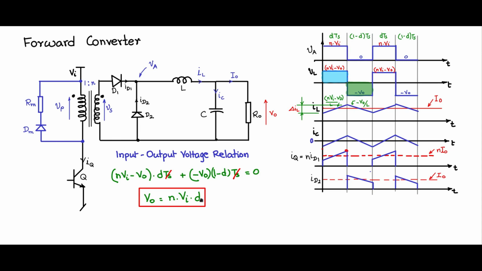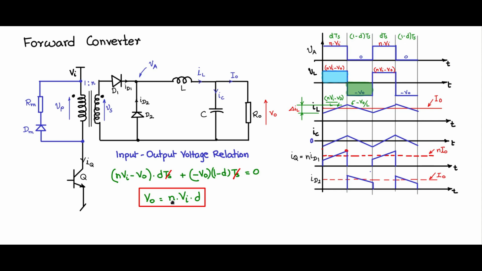So normally we keep the duty cycle at 50% and use the freedom of N to scale it to any level. If N is equal to 10, you can have V0 much greater than Vi. Therefore, buck and boost are both possible because of the scaling provided by the isolation.